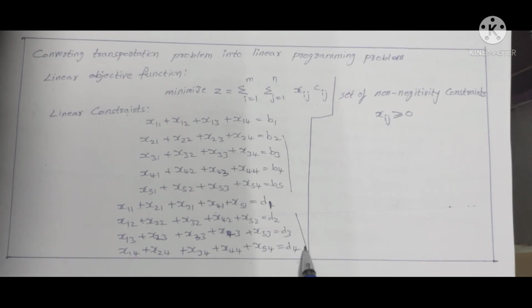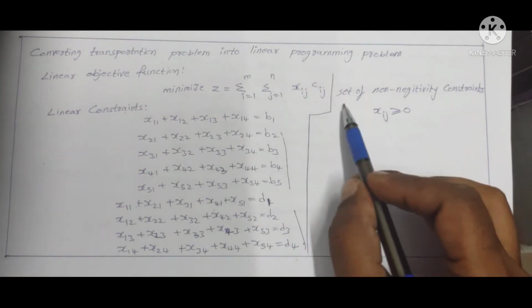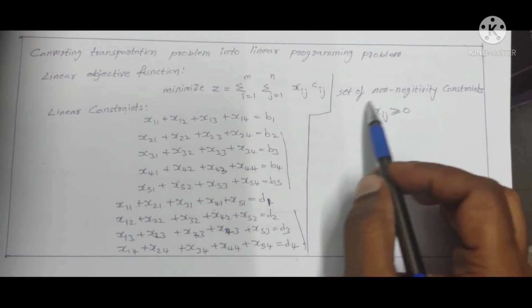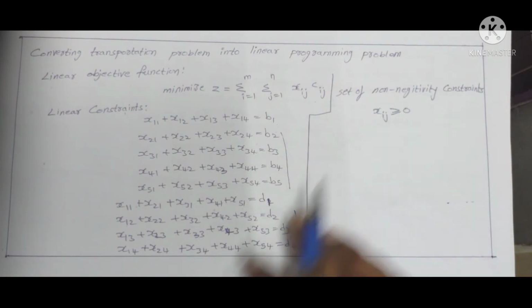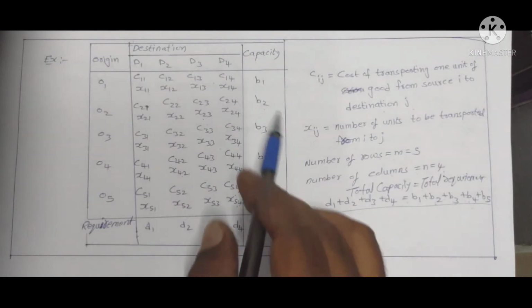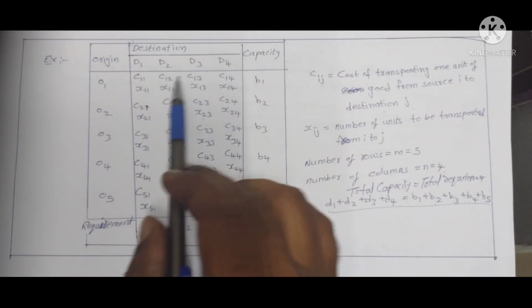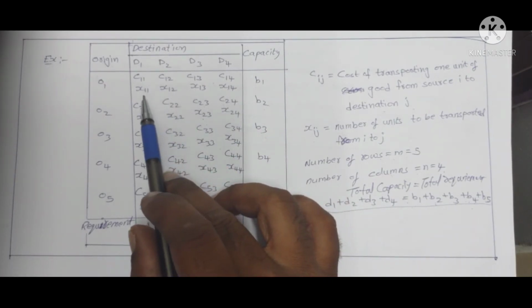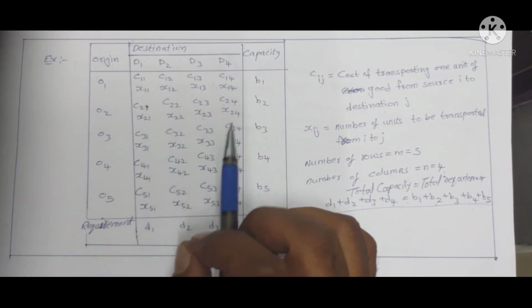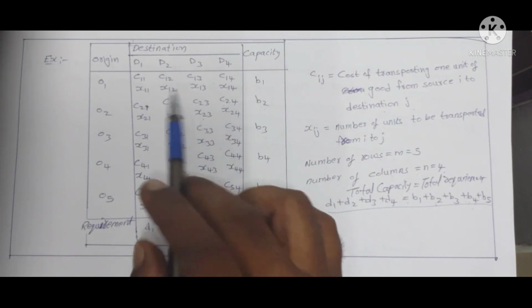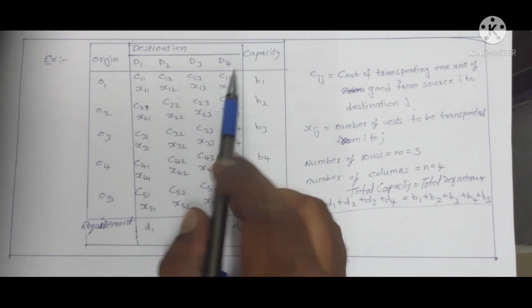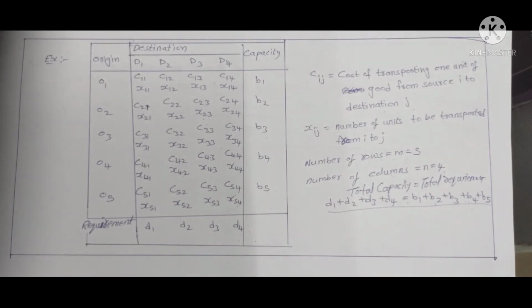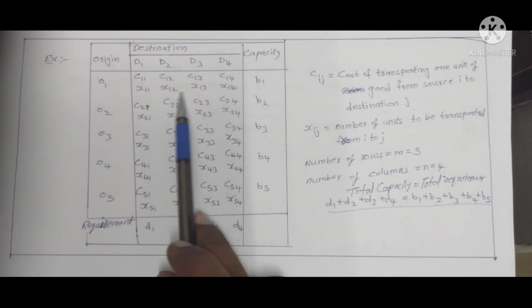Next, what is the last component we have in the linear programming problem? The set of non-negativity constraints. Among these values, what are the variables we have? The X values should be the only variables. The remaining values C11, C12, C13 are the costs of transportation, so these are always constants. Mostly we can change the variables only.